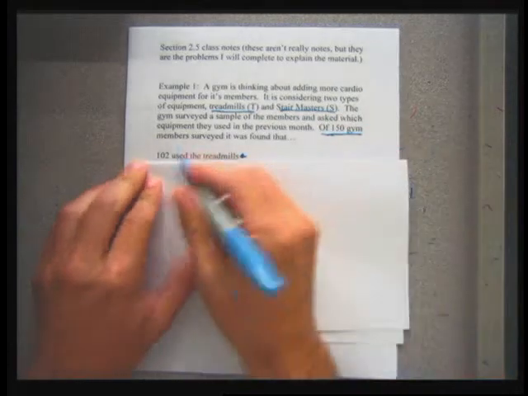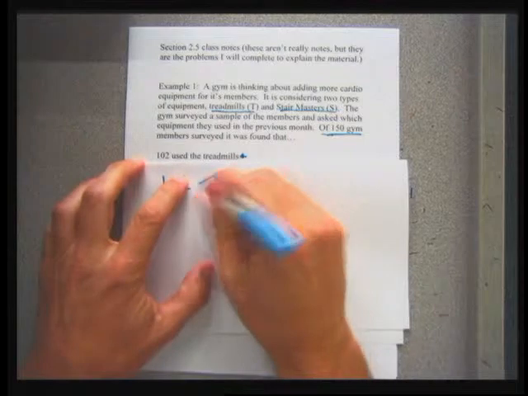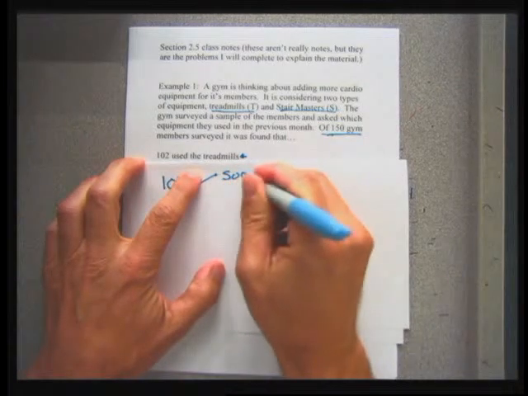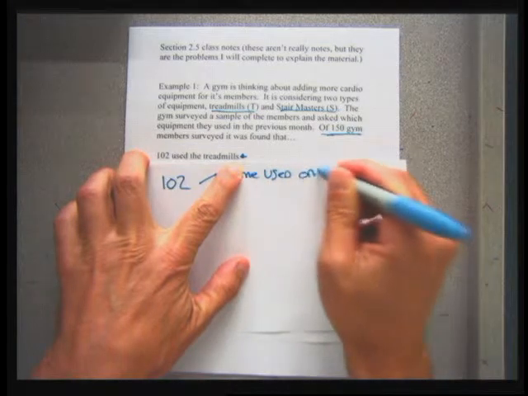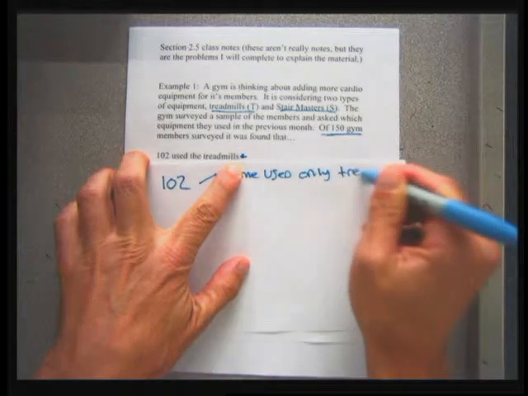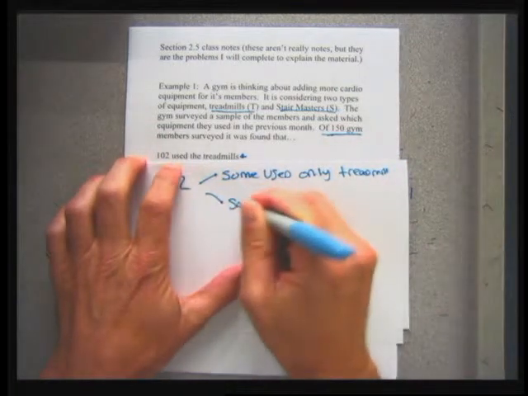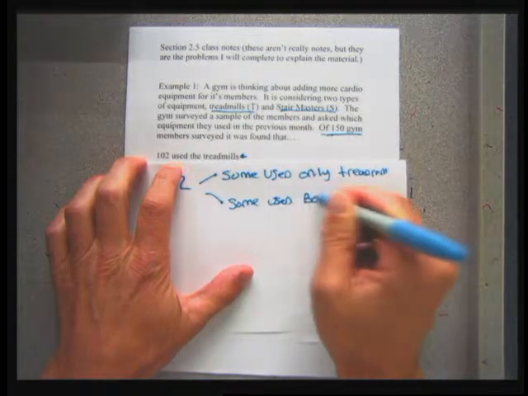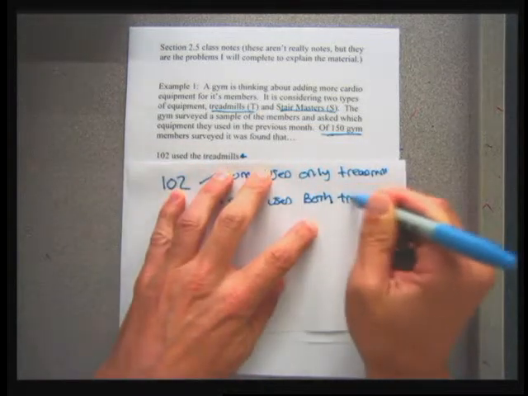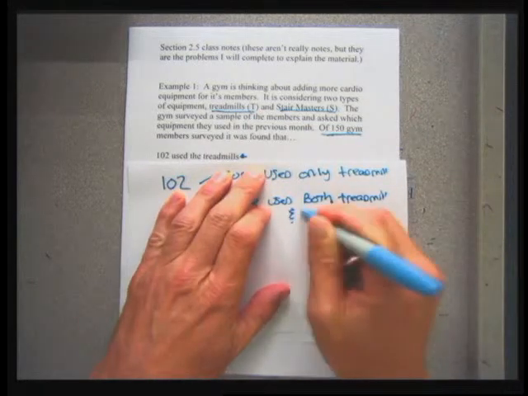So when the author says 102 used treadmills, he means of these 102, some used only the treadmill, and some used both the treadmill and the Stairmaster.